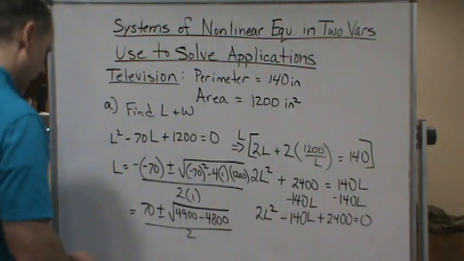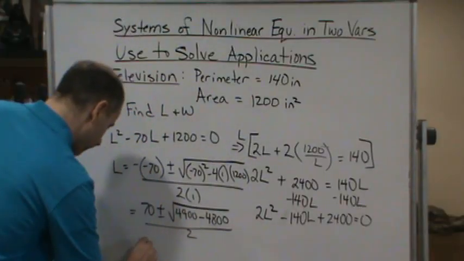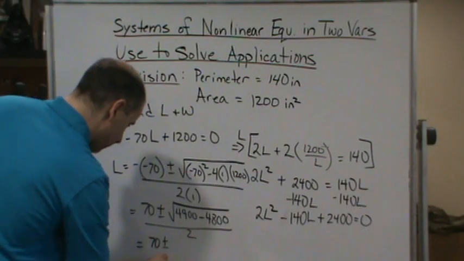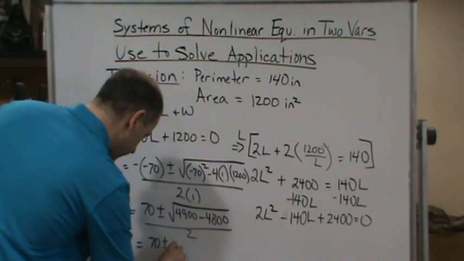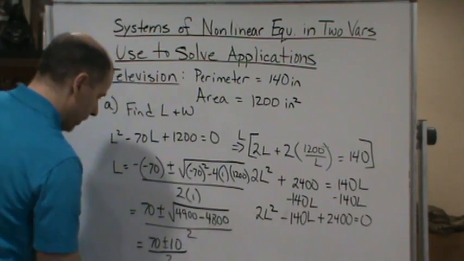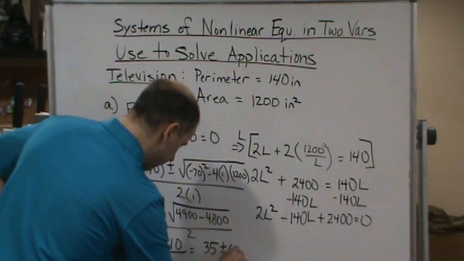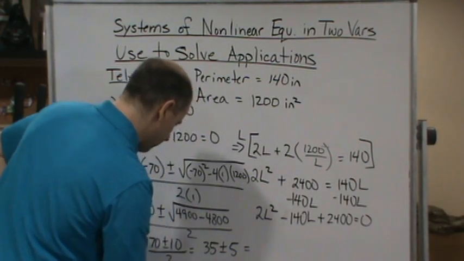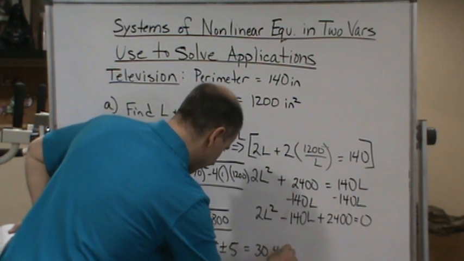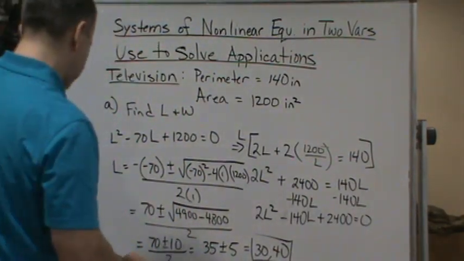This gives me 70 plus or minus the square root of 100, which is 10, over 2. So this is 35 plus or minus 5, which gives me either 30 or 40. So the length is either 30 or 40.